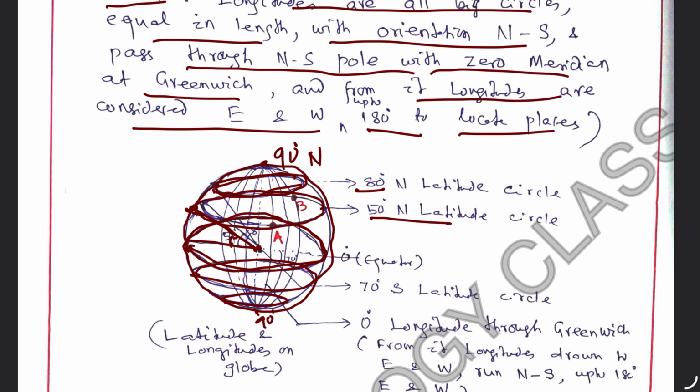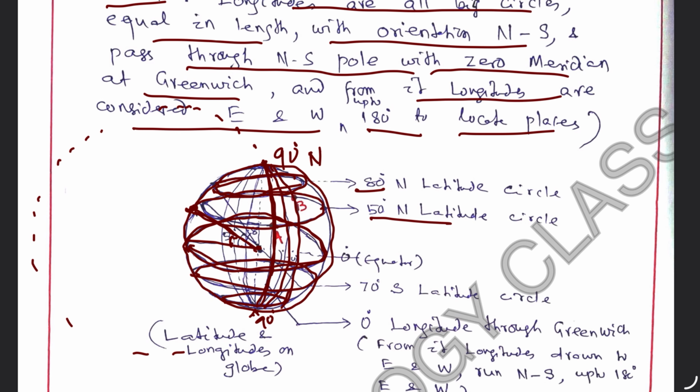Similarly, we have the longitudes. We have the zero longitude passing through Greenwich. These are half circles, but they are called great circles because they can be considered as parts of a great circle. So, great circles represent the longitudes of a place.